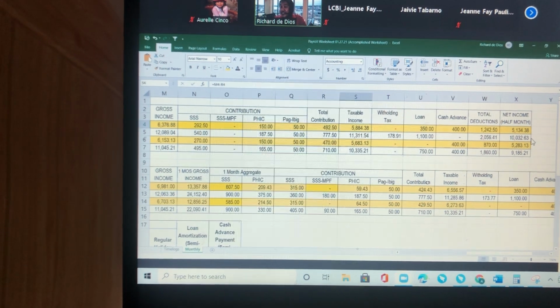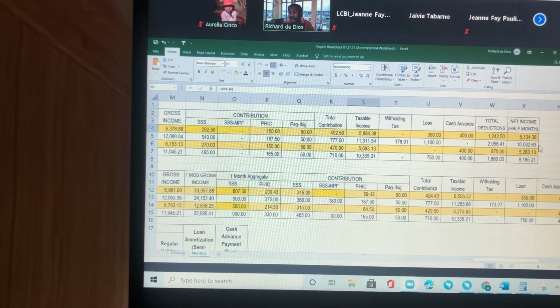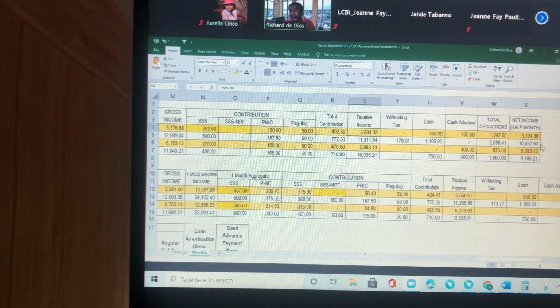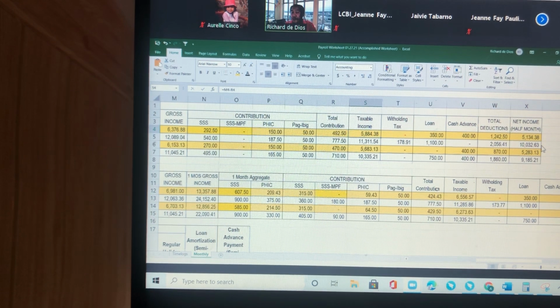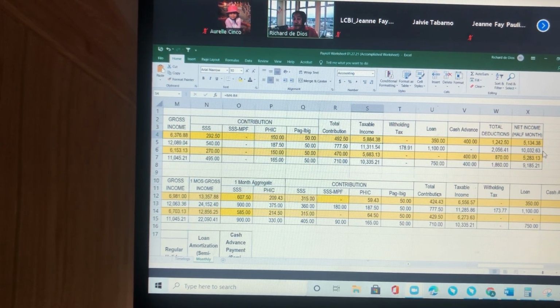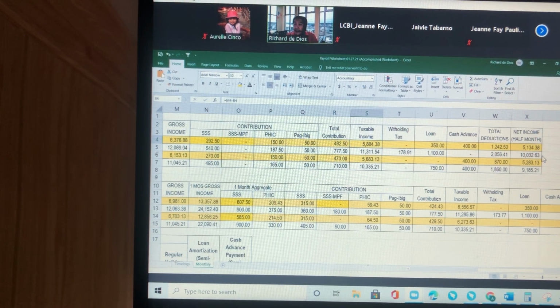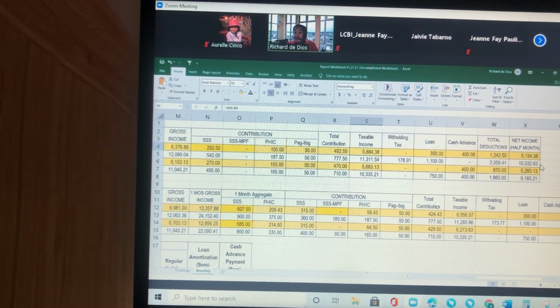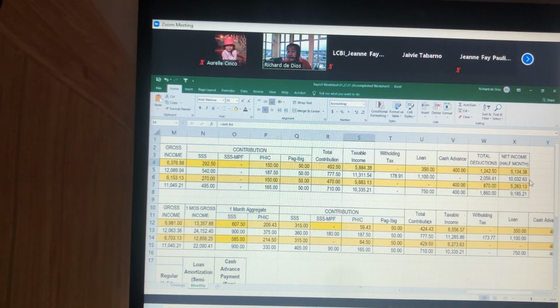So, ang formula nito is 20% of the excess over 10,417. Okay? So, in this case, ang makukuha nyo pong sagot dyan using that formula is 178.91.